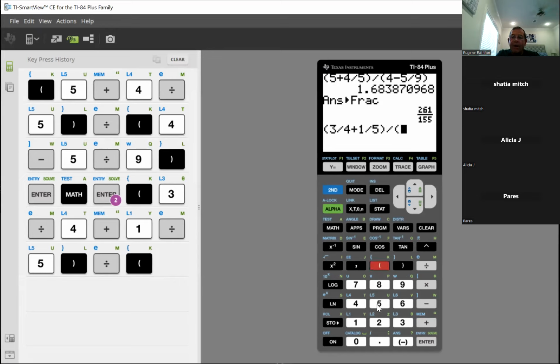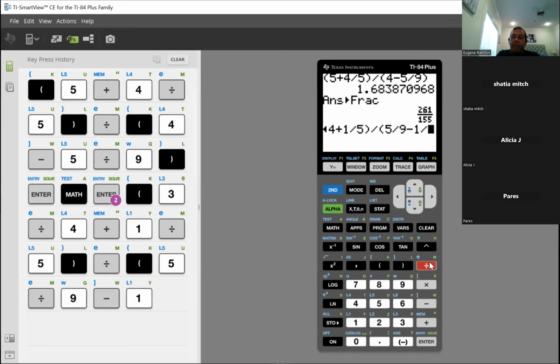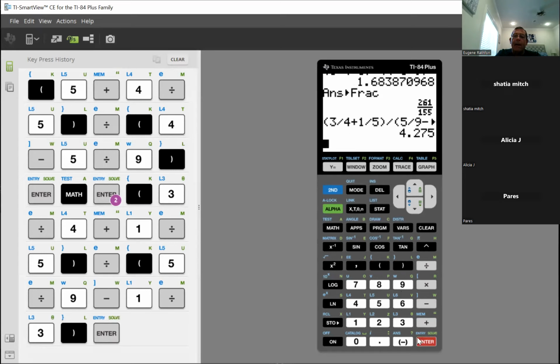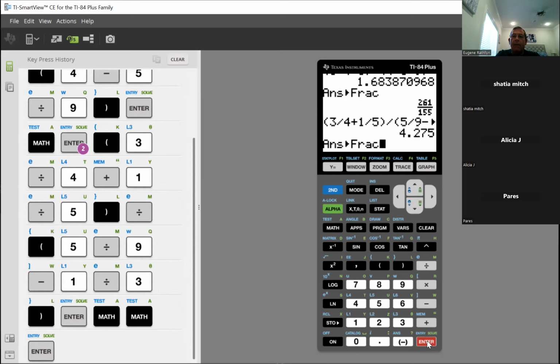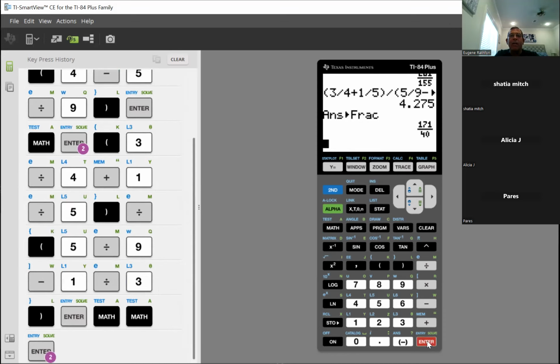I had 5 divided by 9 minus 1 divided by 3. All right, once I close my parentheses and hit enter, I've got to turn my decimal back into a fraction by hitting math and enter twice. And there's our 171 over 40.